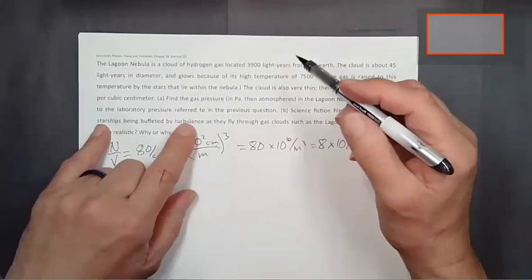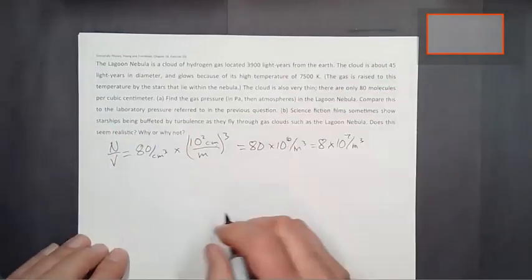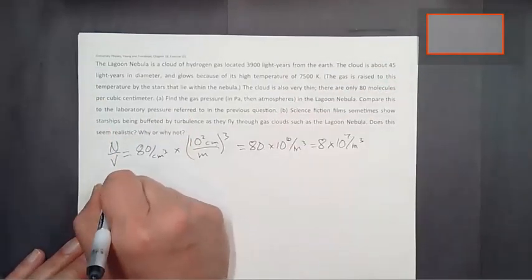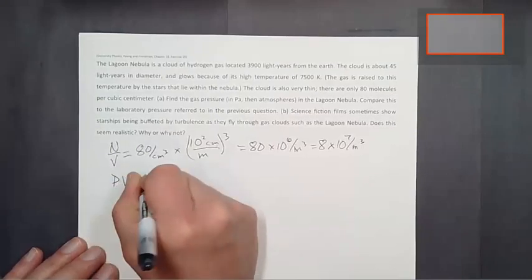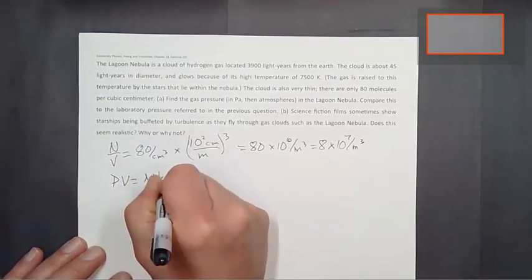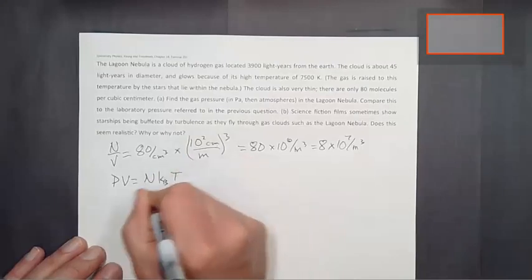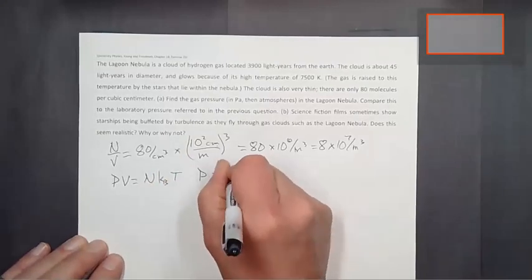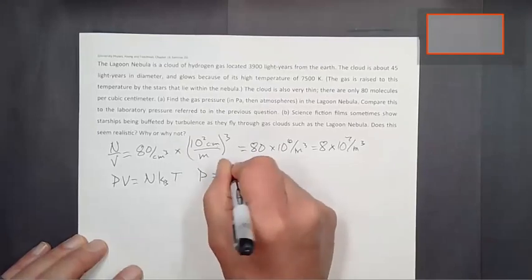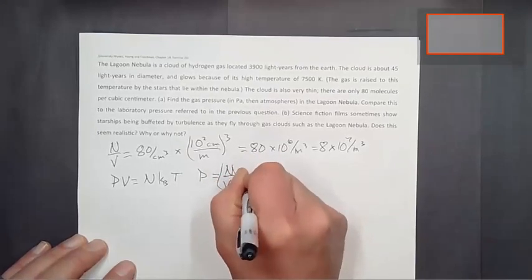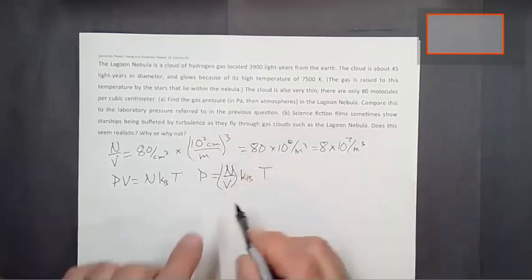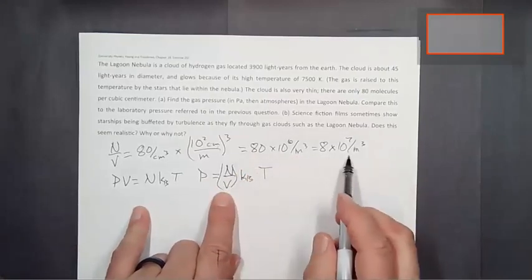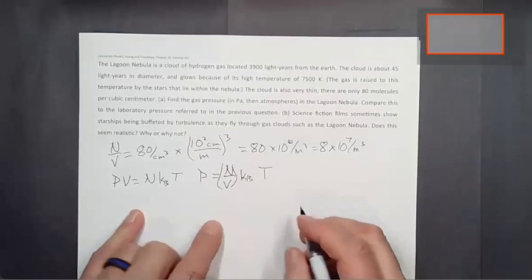Okay, so what's the gas pressure in Pascals in there? Well, PV is equal to N k_B times T, or the pressure is going to be N over V times k_B times T. And we know N over V, it's 8 times 10 to the 7th per meter cubed.